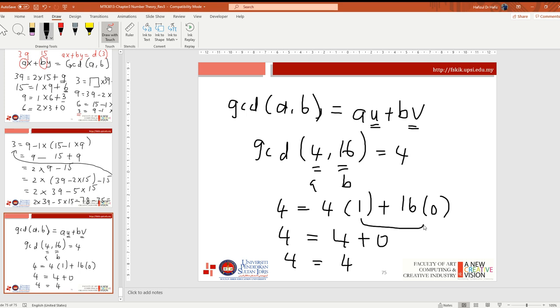Jadi 1 dengan kosong ni dipanggil sebagai Bezout identity.